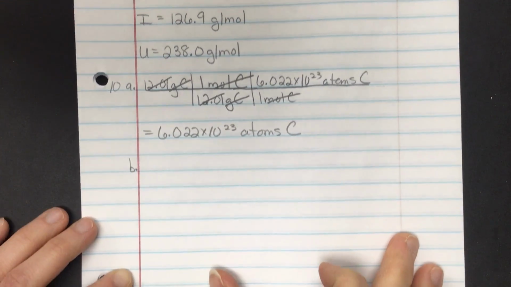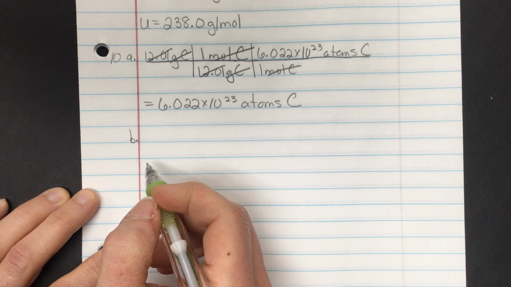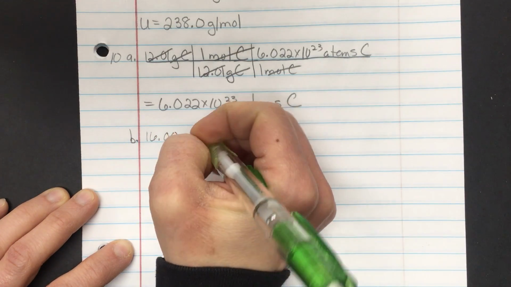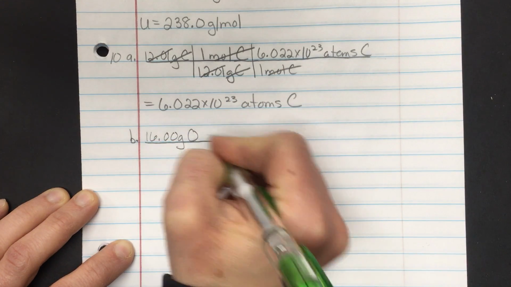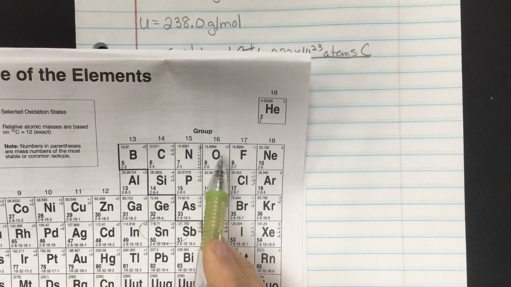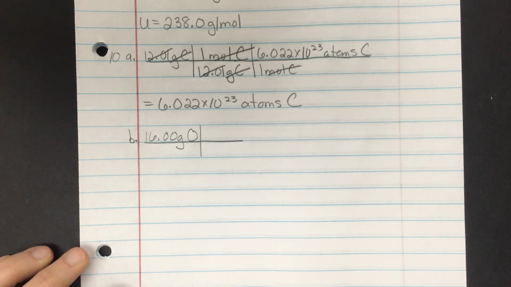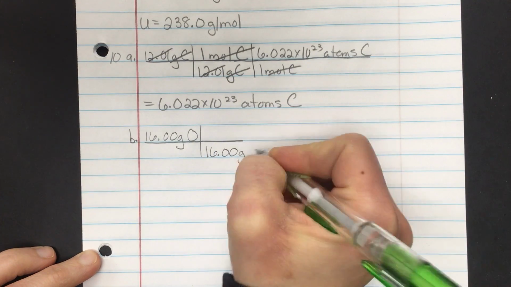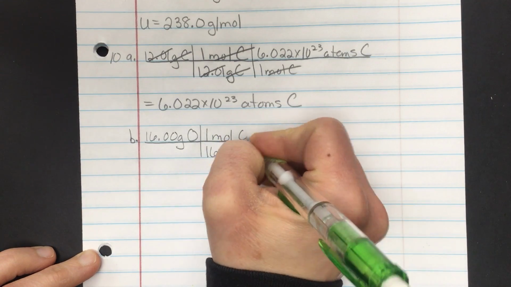Okay, so for B, I am given 16 grams of oxygen. When I look it up on my periodic table, the molar mass, when I round this off, is 16.00 grams of oxygen. So 16.00 grams of oxygen are in 1 mole of oxygen.